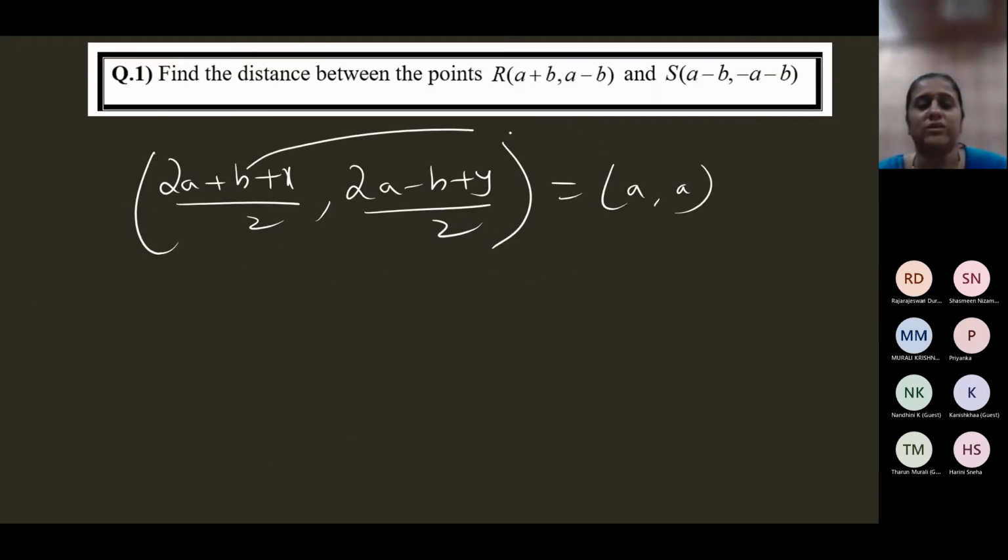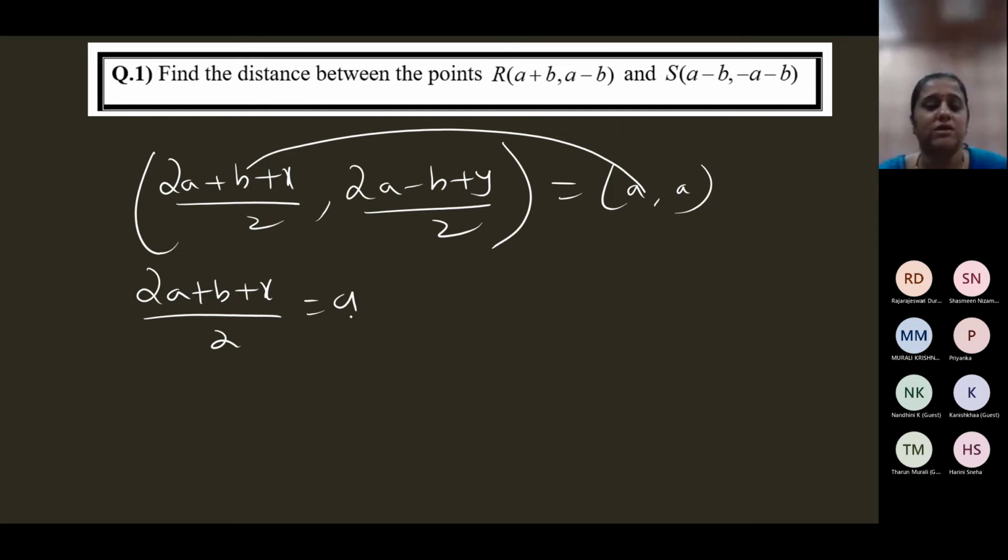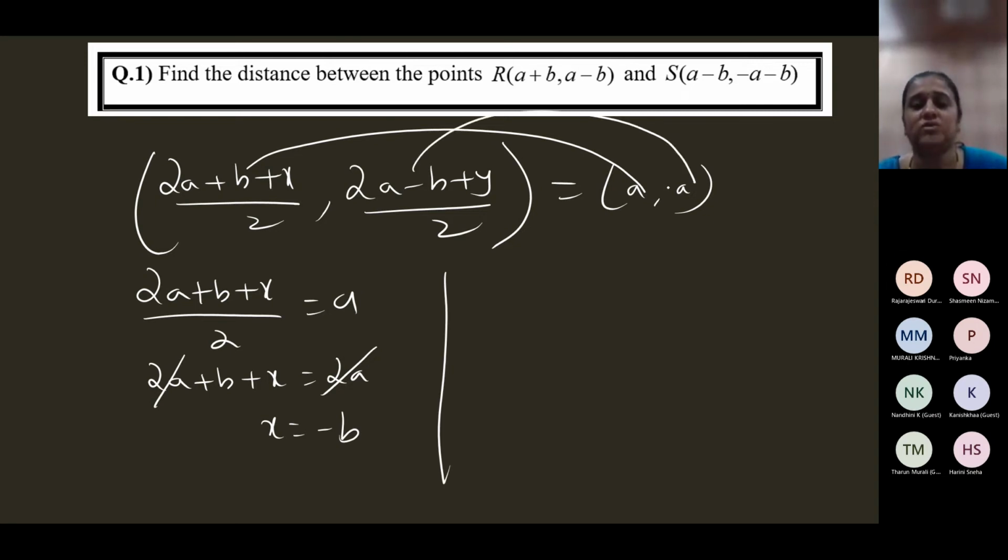So equate these two. 2A plus B plus X by 2 is equal to A. So 2A plus B plus X is equal to 2A. 2A on either side gets cancelled. So you're finding the value of X. X is equal to minus B. Similarly, equate these two. 2A minus B plus Y by 2 is equal to A. 2A minus B plus Y is equal to 2A.